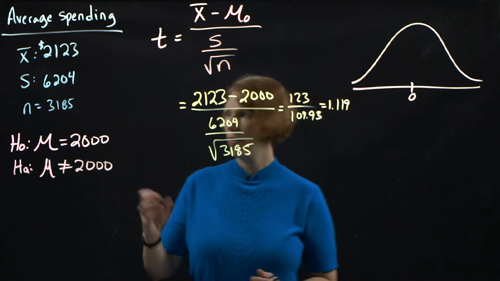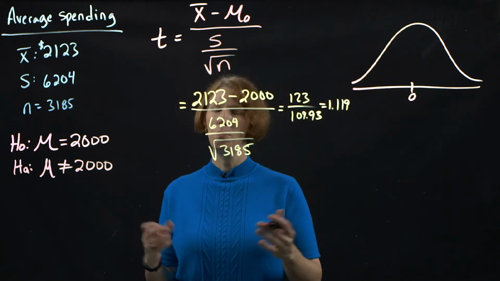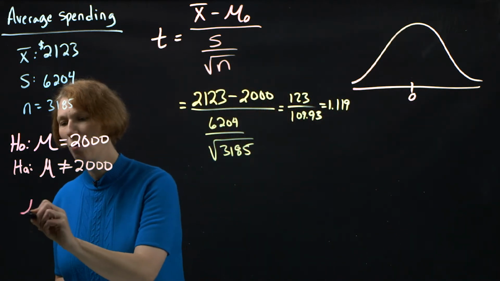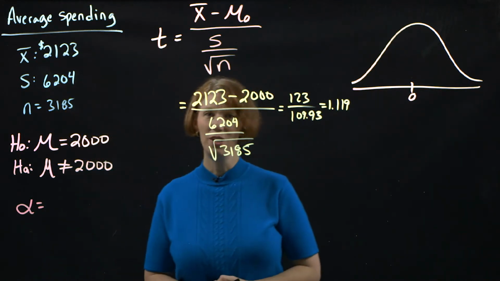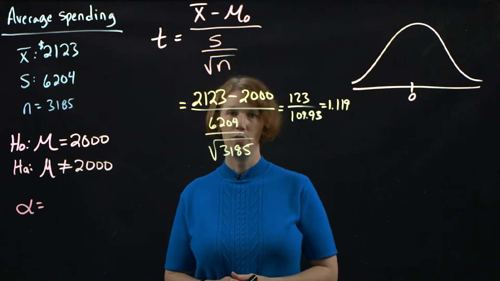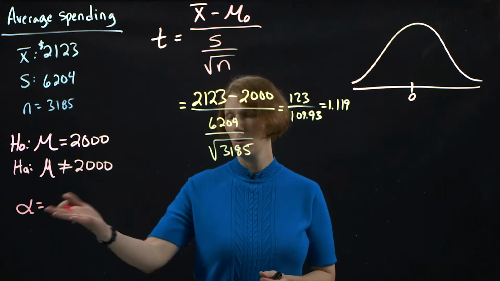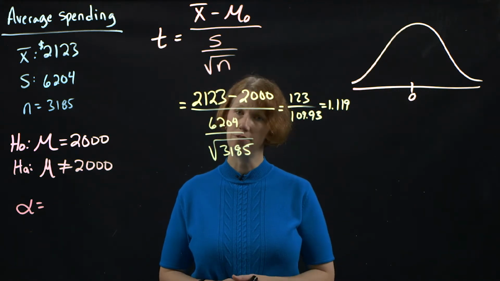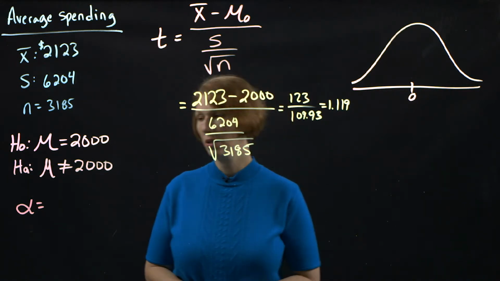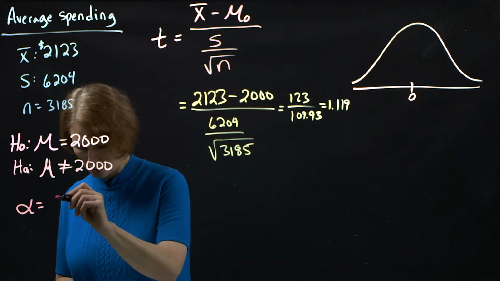Now, one thing I failed to start out with, but we're going to include right here, is that we always need to pick a significance level. That's going to determine our threshold for how we decide whether or not we have evidence. Remember that alpha, our significance level, is a type 1 error probability, and we want that to be quite small.